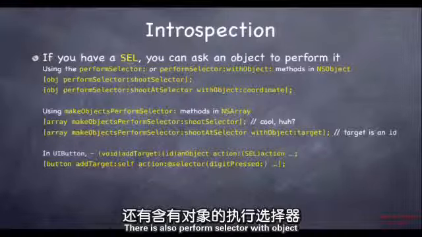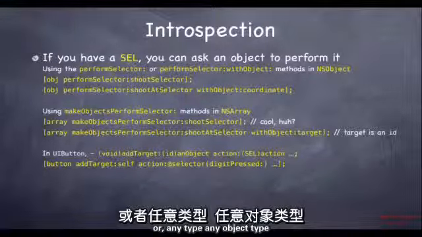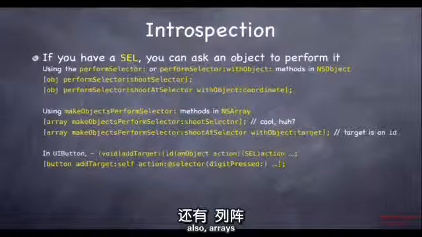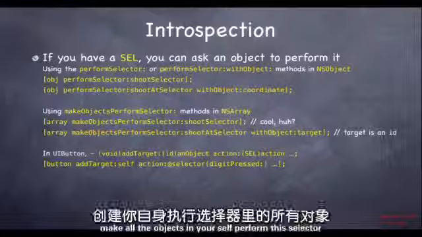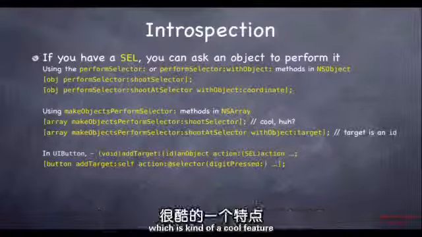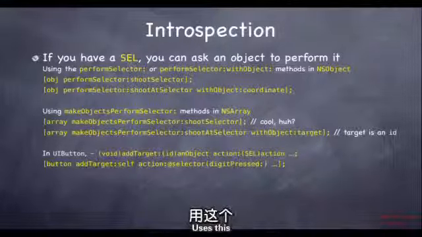There's also performSelector withObject. That'll perform a method that has one argument that is an id, any object type. Also arrays. You can ask an array to make all the objects in itself perform this selector, which is a kind of cool feature. And then, of course, target action uses this.